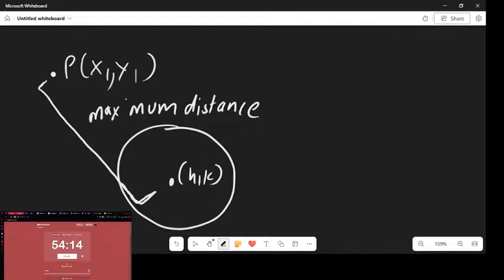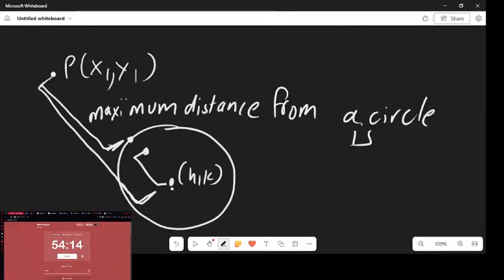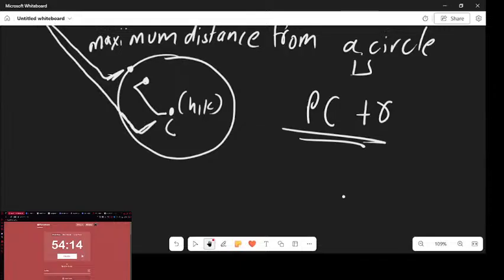Minimum would be if it's lying here. Maximum distance from a circle, not from the center, is PC plus R, and the minimum is PC minus R.